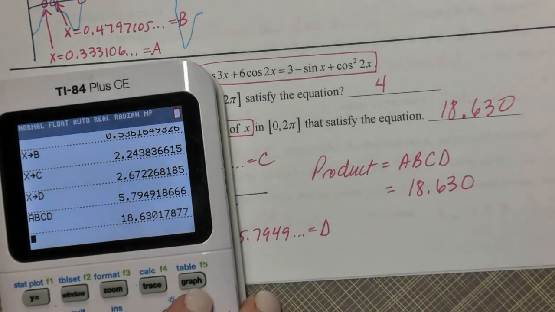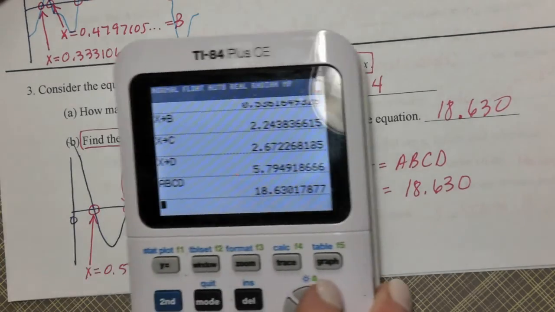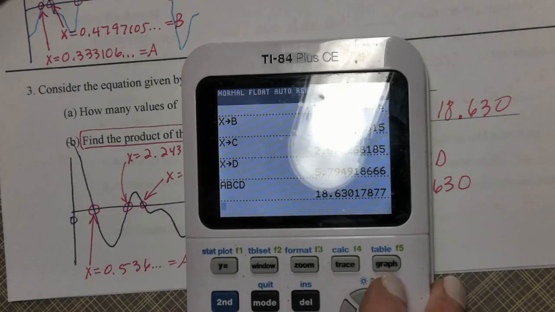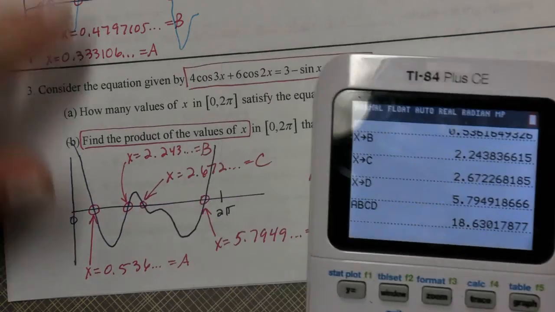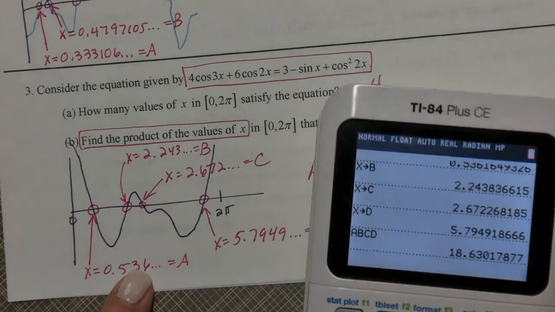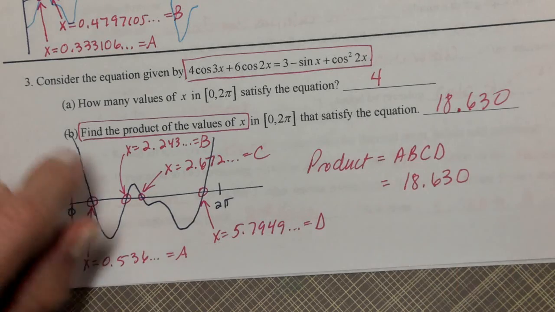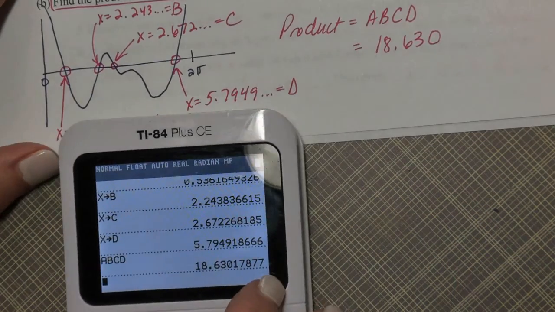Okay. Before I leave here, I want to show you something. If we had rounded to 3 decimal places each time and then found the product, let's see what we would have gotten.